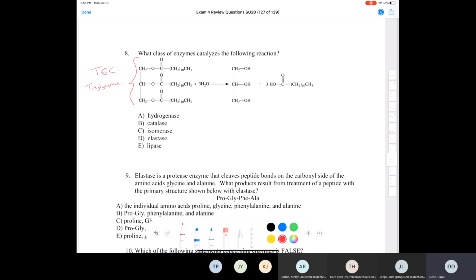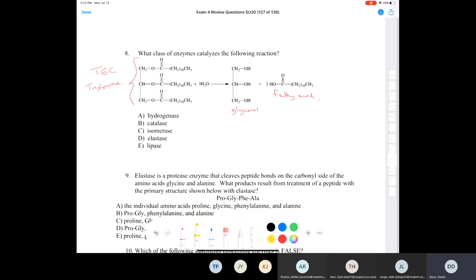And I break it apart to give me glycerol. Everybody in the class should know the structure of glycerol by now. And a fatty acid. So what kind of enzyme is catalyzing this reaction here? Well, we've got hydrogenase, catalase, isomerase, elastase, and lipase. Who could help me out? Which one do you think is the best answer here?